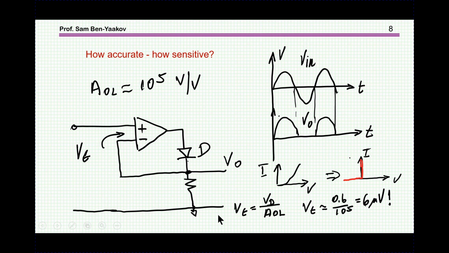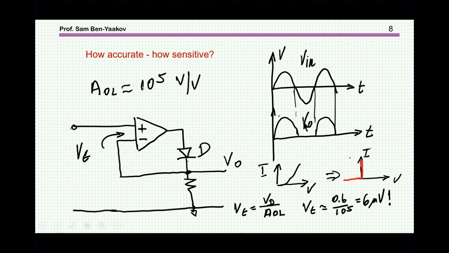Let's go over a sequence in which the input is, say, 0, and then it starts to become positive. The question I'm asking is, what level of positive input voltage is required for the diode to start conducting? This is the crucial question.